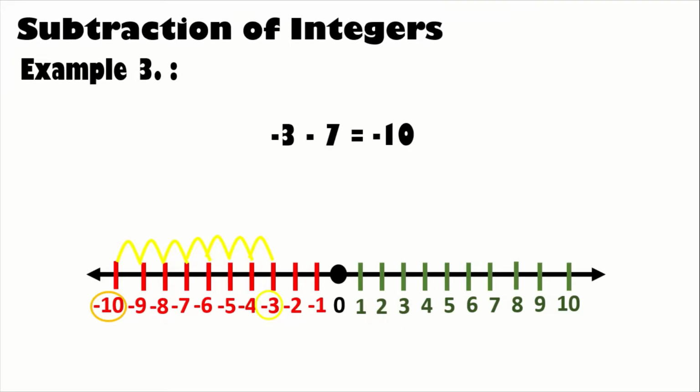So let's move on to example number 4. We will discuss the rule later on. So in this case, we have negative 4 minus negative 5. And as you can see, negative 5 will be multiplied to the sign of subtraction, which is also negative.